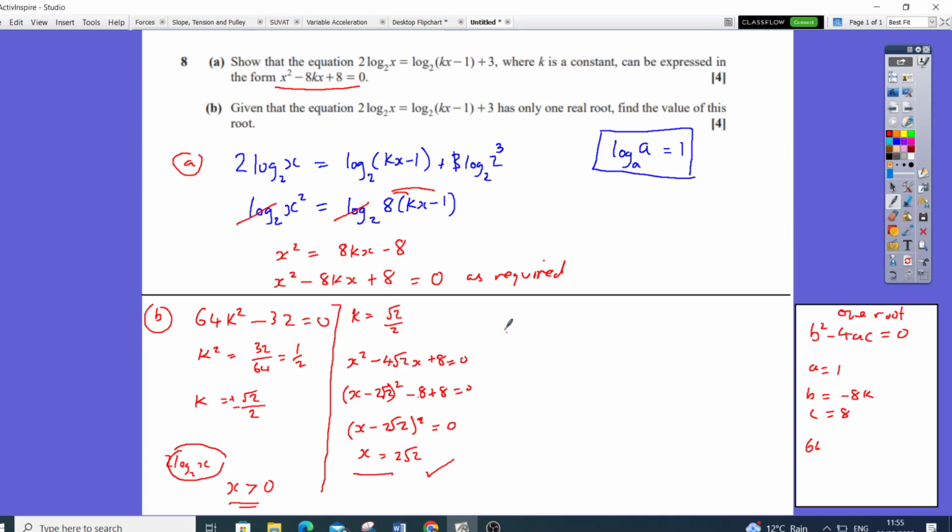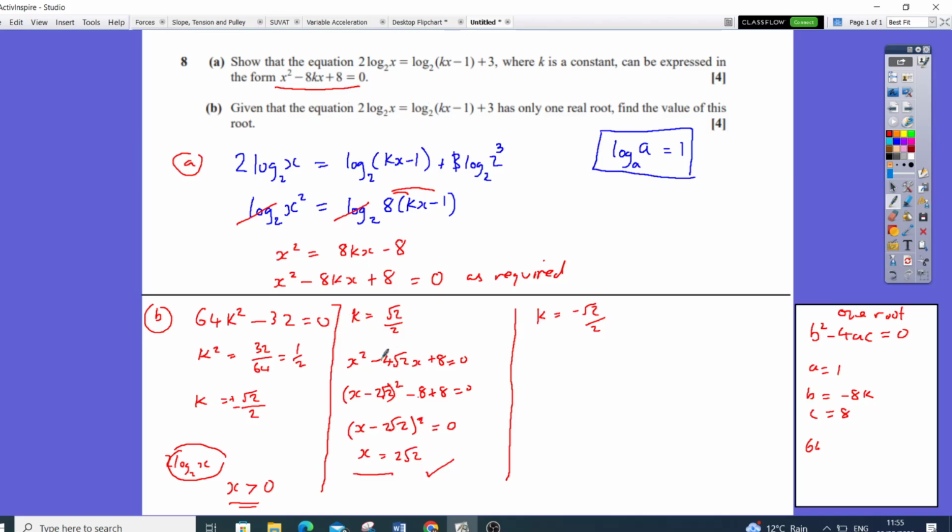Now just to be sure, because it says find the value of this root, so let's just be sure that's the only root we got. Let's have a look when k is equal to minus root 2 over 2. So you're going to get a similar situation here when you plug it in this equation.